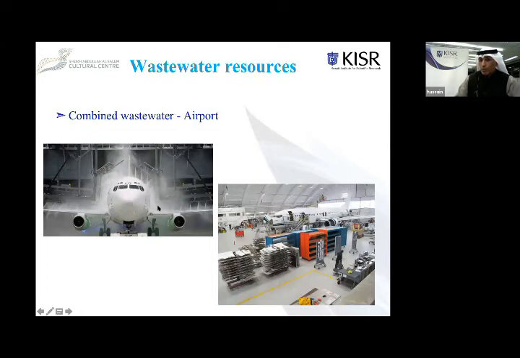Another combined wastewater is the airport. Besides the water generated from the toilets there, we have some wastewater generated from the hangars, washing the airplanes, and the maintenance and service conducted at the airport.